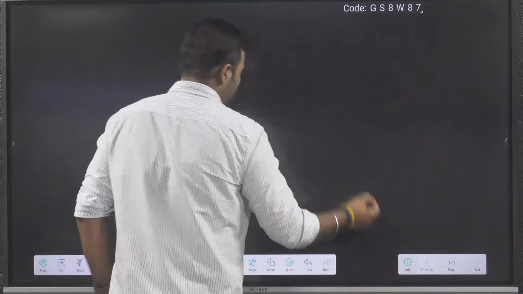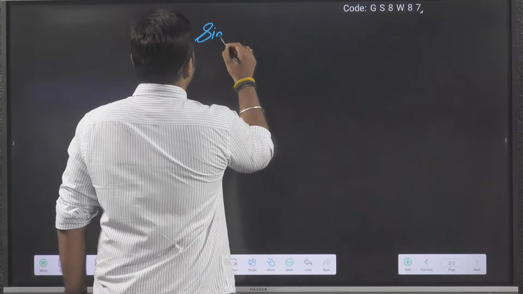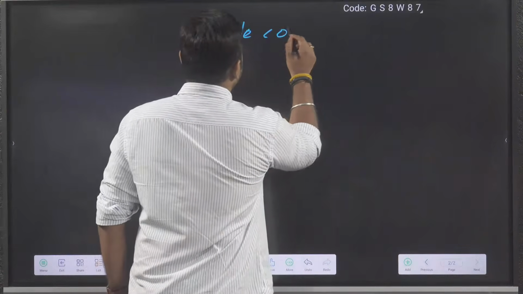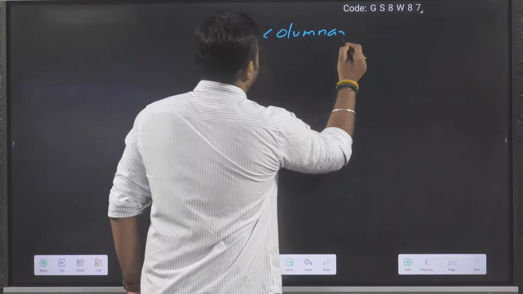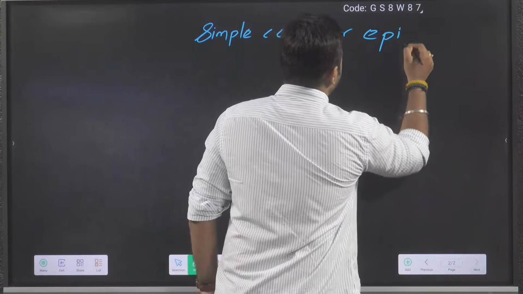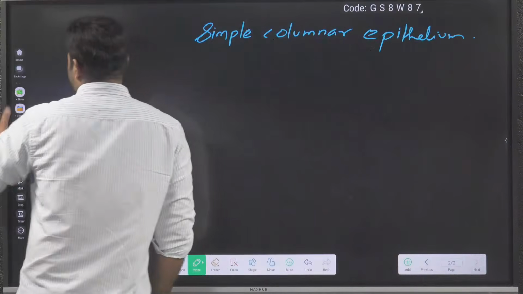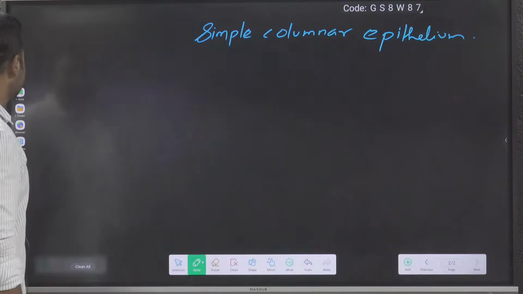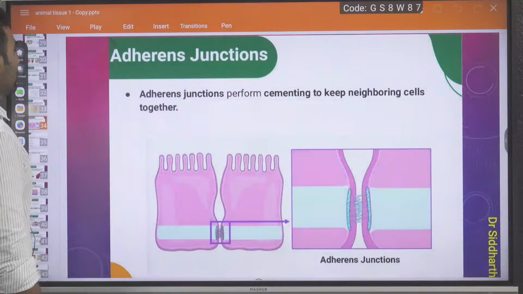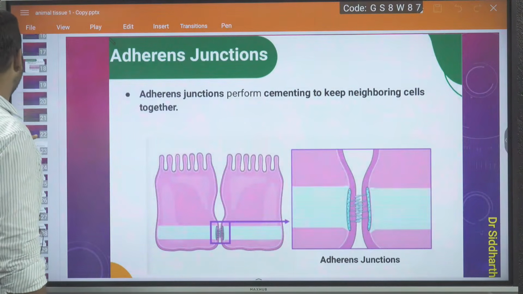We will talk about simple columnar epithelium. So let us go to the slides so that we can look at some diagrams, and the NCERT language also we will look at.